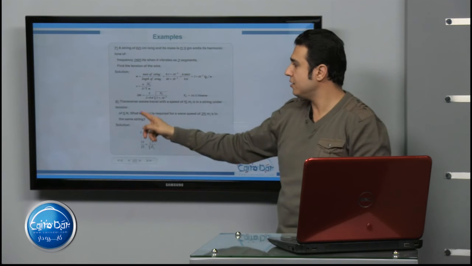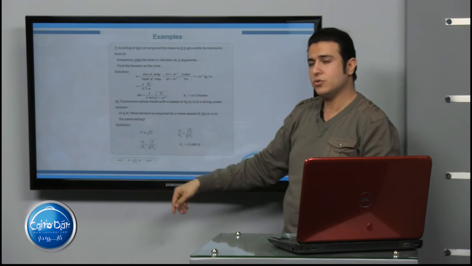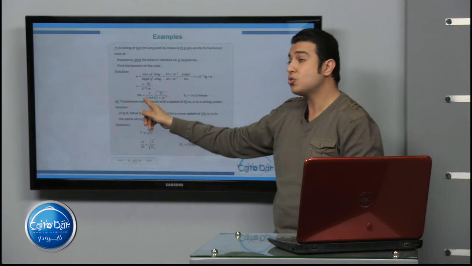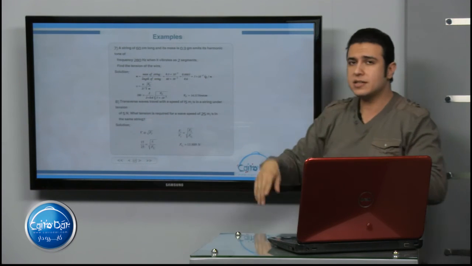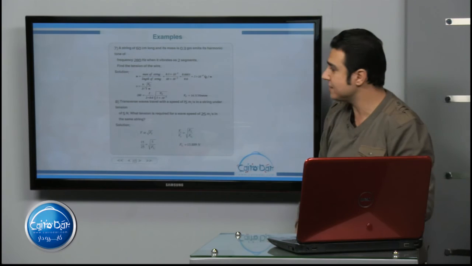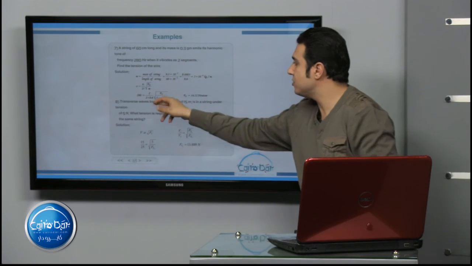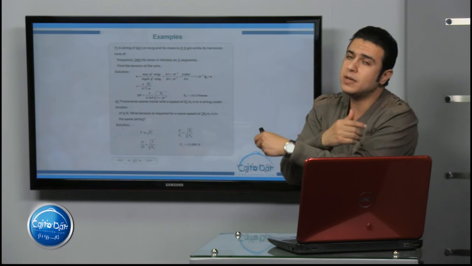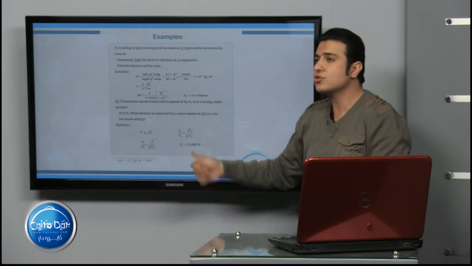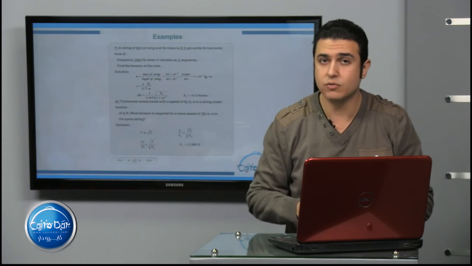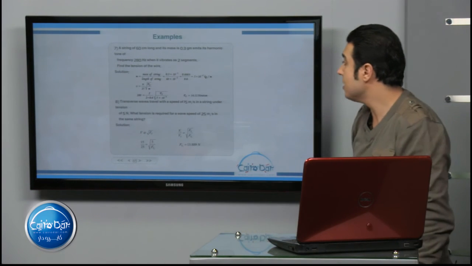So we have 280 divided by 2, the result 140, times 2 times 0.6. After that, we square both sides to eliminate this root. Then we make cross multiplication to calculate the tension force. It will be 14.11 Newton.